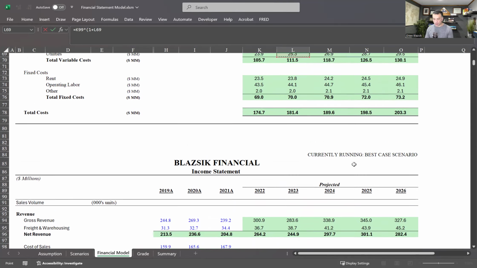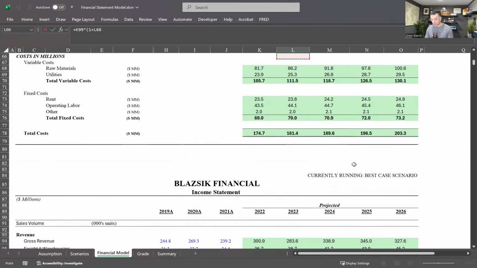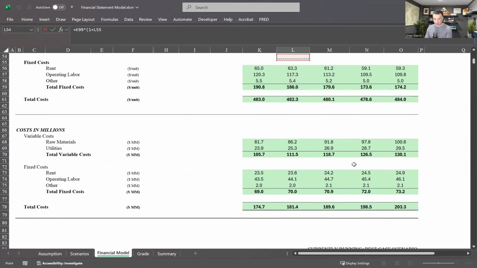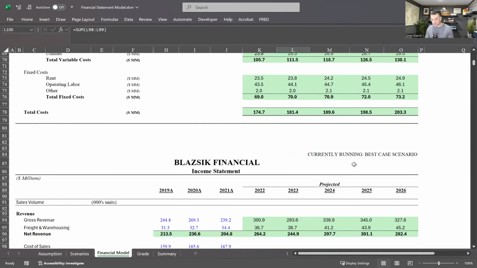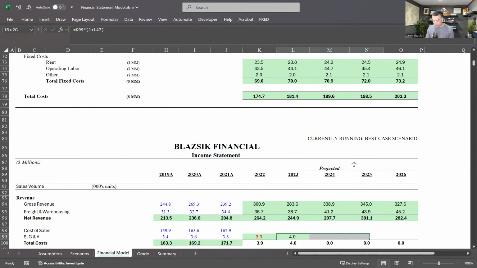This is important to make sure because we plugged in 22; 23 was the second projected year. So I want to make sure I get the cost inflation that is in 23. I plugged it in the cost schedule. I also have it in the revenue schedule, or you go to your scenario page, but you don't want to hit 22. You want to hit 23. That's important because we already made the assumption of what that would be in 22. So I'm going to drag that across.